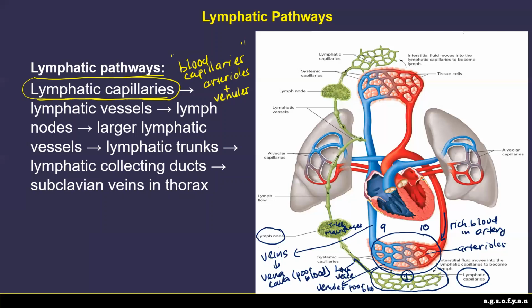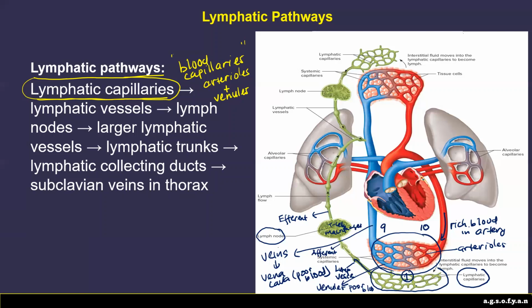The vessel that enters into the lymph node, let's say this one, is called the afferent lymphatic vessel, and the one that goes out from the lymph node is called the efferent lymphatic vessel.